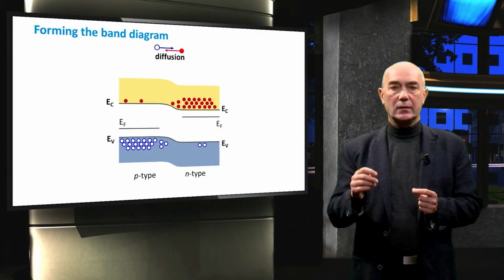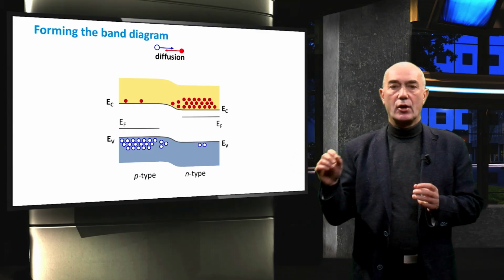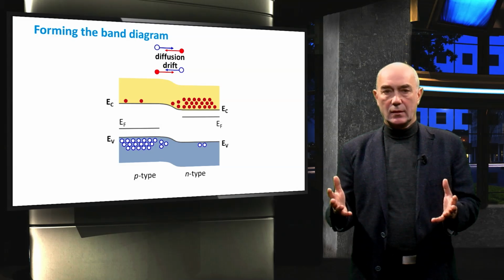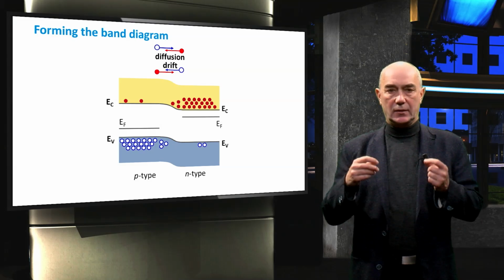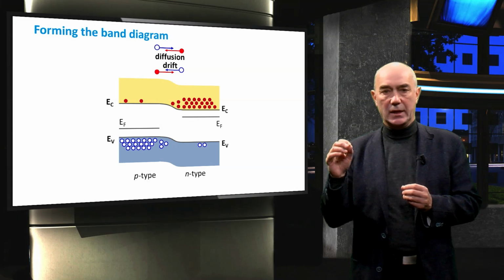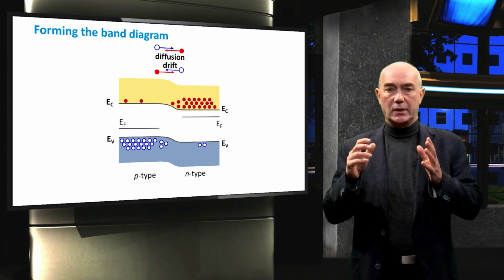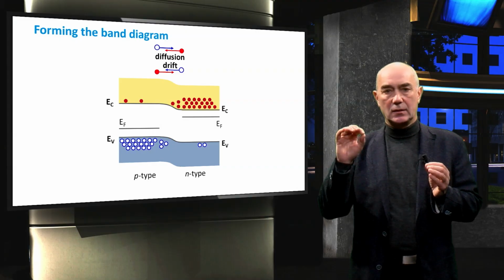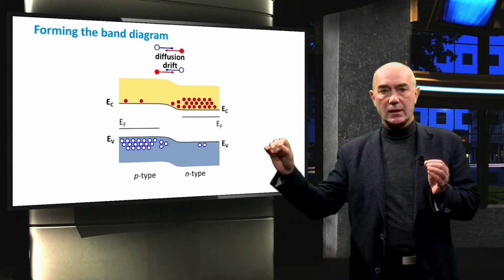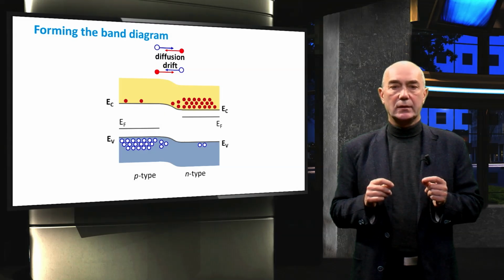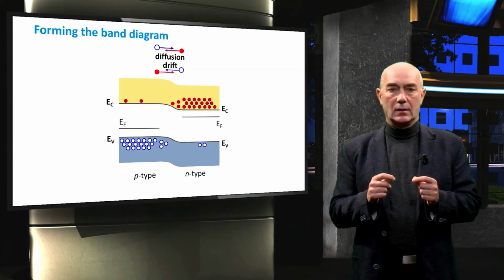The electric field acts with force on the charge carriers. In general, the existence of an electric field is expressed in band diagrams by a slope in the band edges. You can see in this figure that we draw a slope in the valence and conduction band edges to indicate electric field in the depletion region.